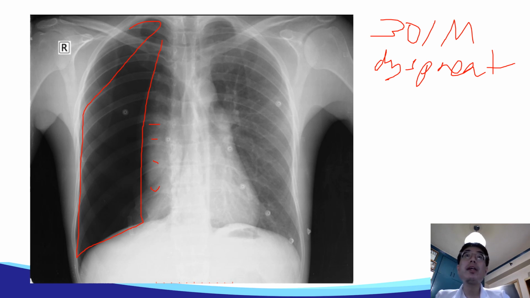The left lung field is otherwise unremarkable. We can also see several circular opacities scattered across the patient's chest, which are likely ECG electrodes. The clinical picture, coupled with the radiographic findings, are compatible with a diagnosis of tension pneumothorax. This is tension pneumothorax.